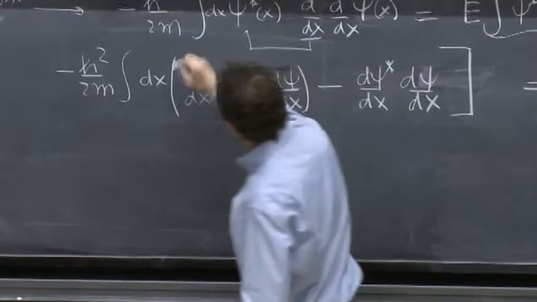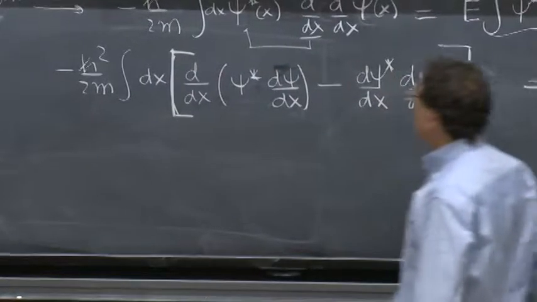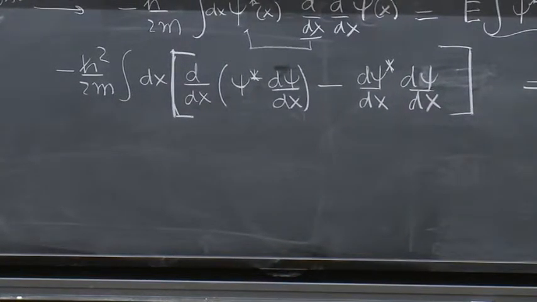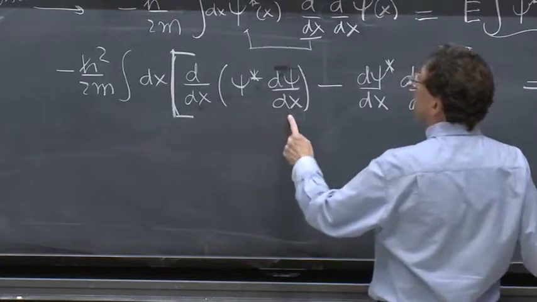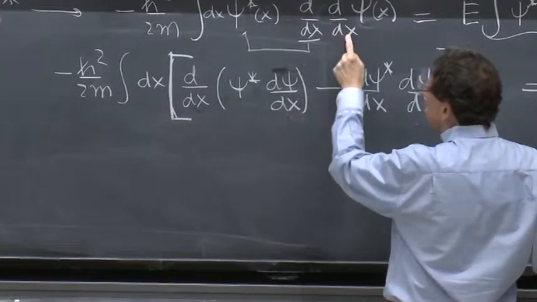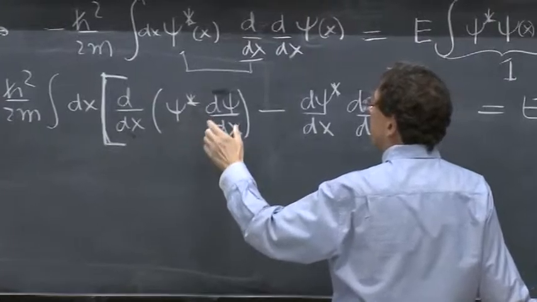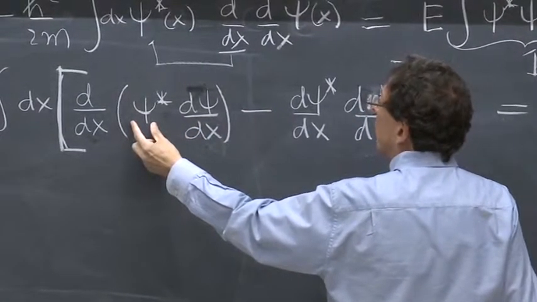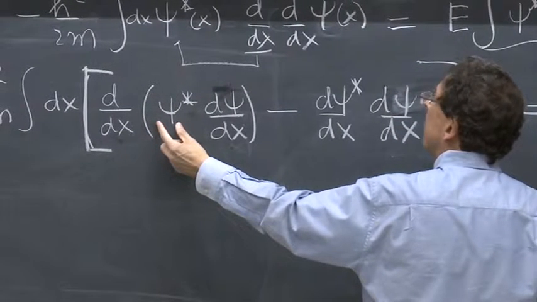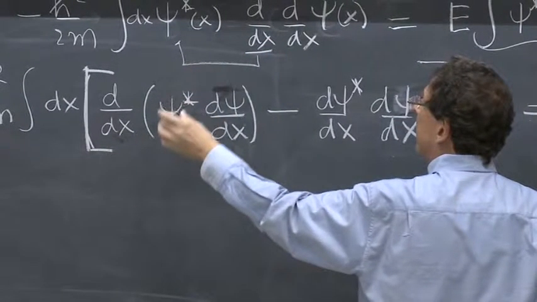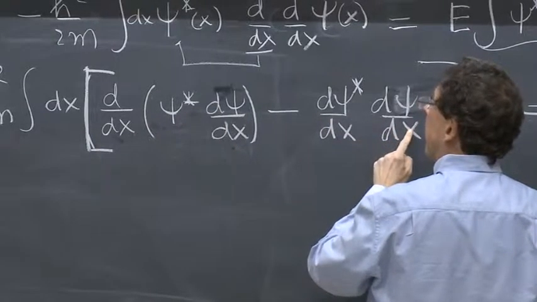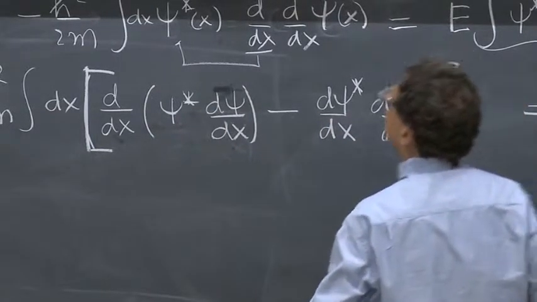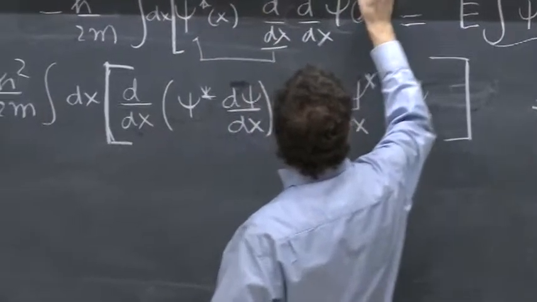I'll do it like this with a nice big bracket. Look what I did. I rewrote psi star times the second derivative of psi as d dx of this quantity, which gives me this term when the derivative acts on the second factor. But then it gives you an extra term when the derivative acts on the first factor that is not present in the above line. Therefore, it must be subtracted out. So this bracket has replaced this thing.